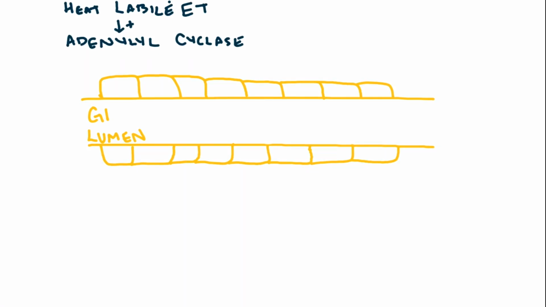Therefore, we do not say that it has inflammation or that it causes inflammation. Let's illustrate how heat labile and heat stable toxins work. Here we have enterocytes lining the gastrointestinal mucosa. Heat labile toxin activates adenylate cyclase, which in turn increases cyclic AMP levels. Increased cyclic AMP in the enterocytes stimulates chloride and water secretion into the lumen.